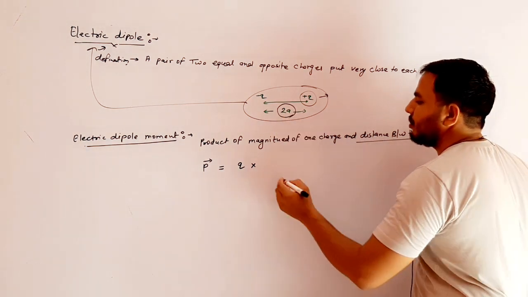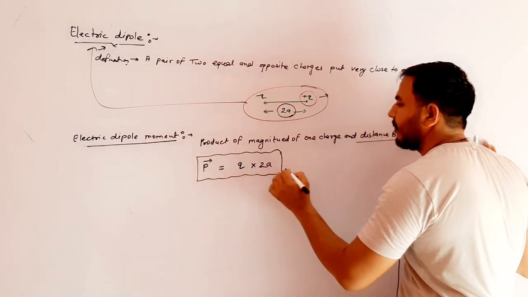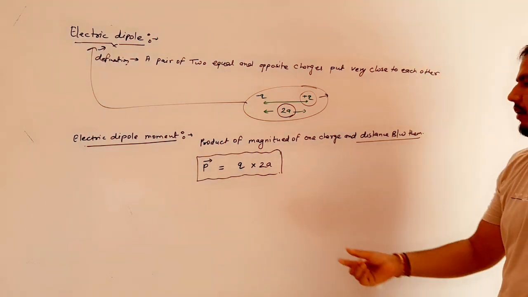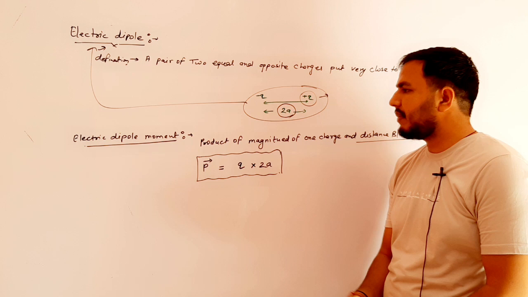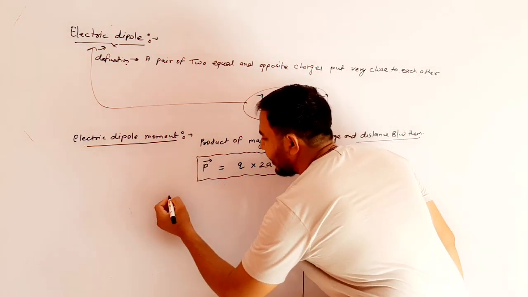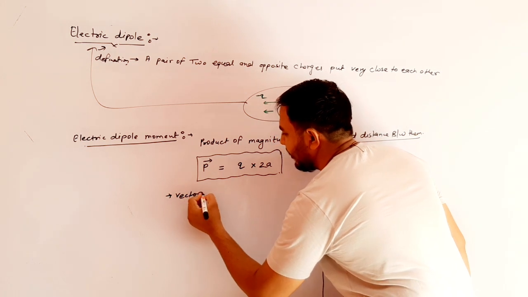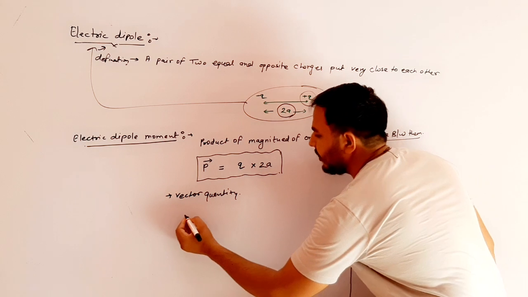Distance between them is 2a. So the product of the magnitude of one charge into the distance between them is called electric dipole moment. It is a vector quantity. Clear?